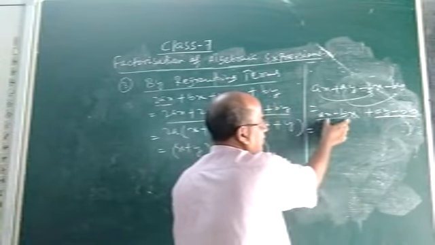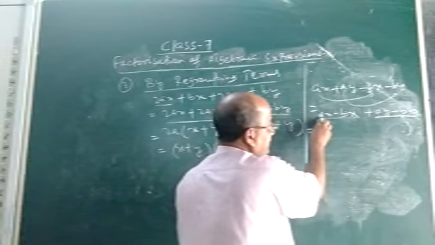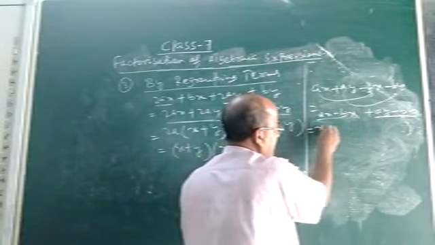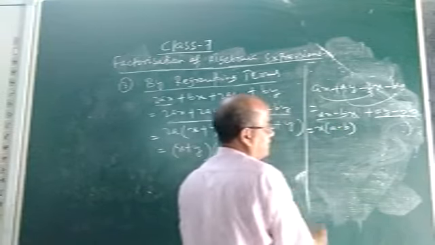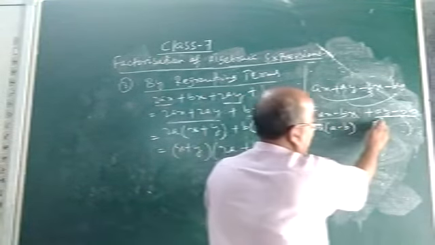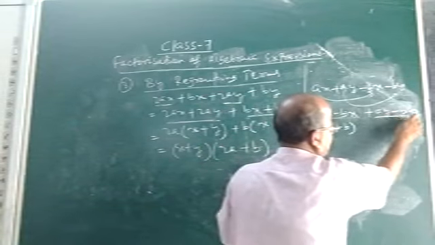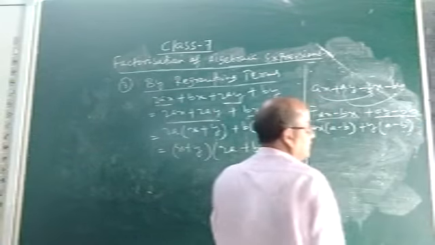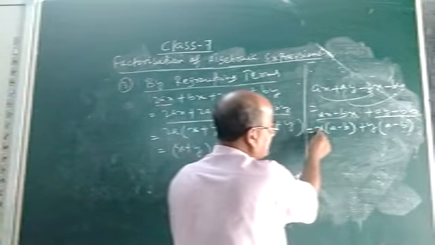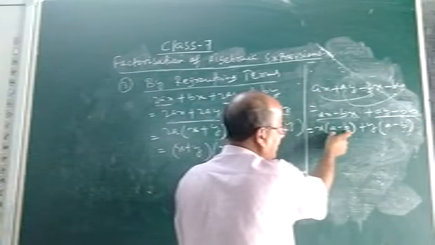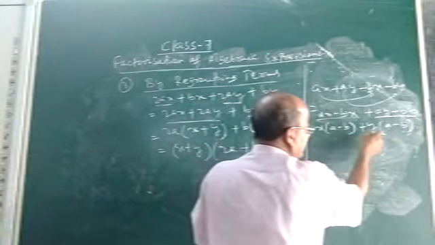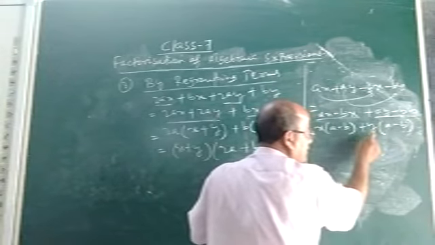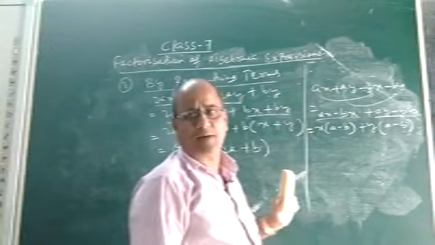What will be common here out of these two terms? X, because x is multiplied by a and x is multiplied by b, so x is taken common, it will be a minus b. Then out of these two terms, a into y minus b into y, so y will be taken common, so it is a minus b. And you see, when we took x common, whatever binomial we got, in the second expression when we took y common, the same binomial is coming in the bracket.